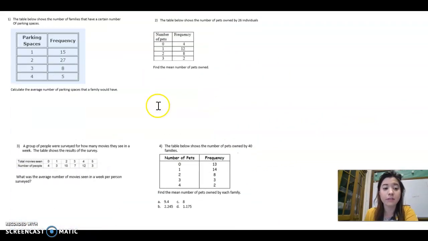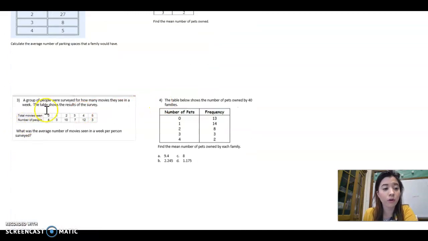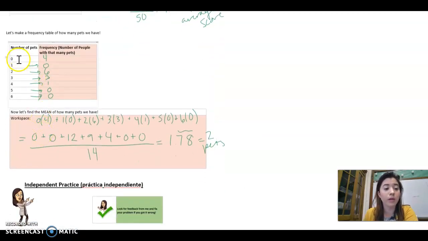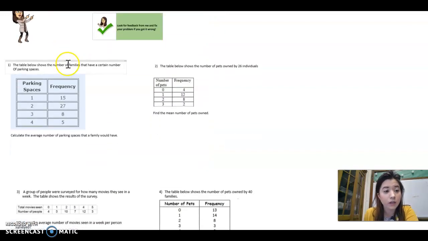After doing those examples, it's your turn. You have 4 to do. So again, simply multiply your number times your frequency, add them all up, divide by how many you have, or your total frequency.